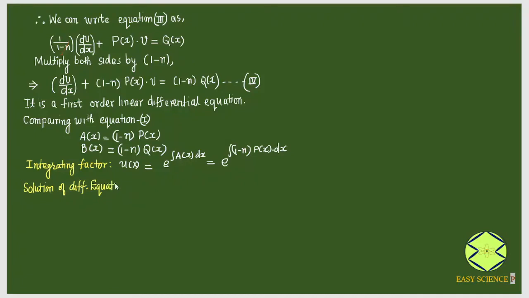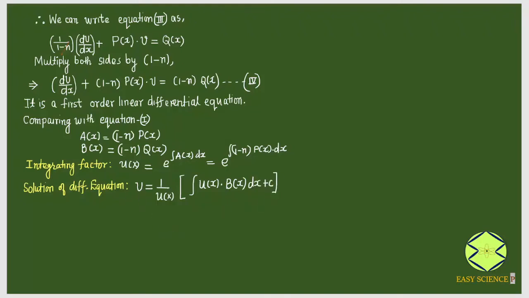So here you can remember the equation we have just got is in terms of v and x. So the solution will be in the form of v: 1 over u of x, that is the integrating factor, times integration of u of x times b of x dx plus c.